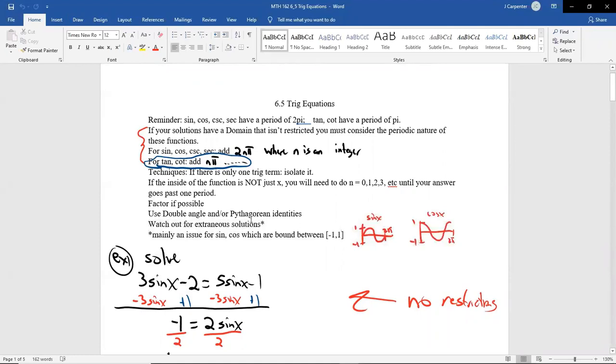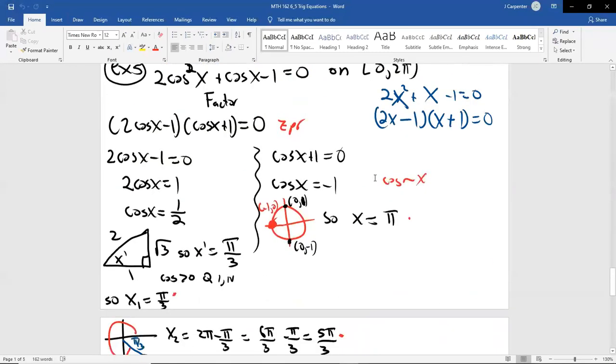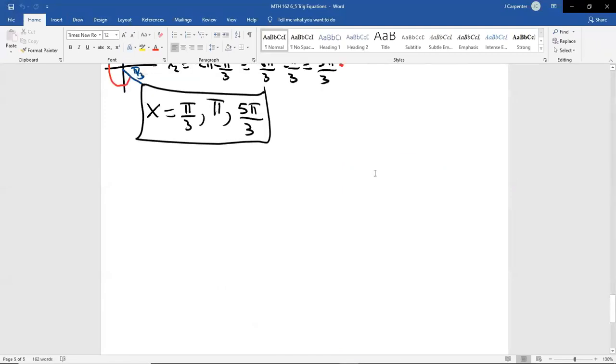We said that identities might need to be used. We've talked about how you have to consider the domain restrictions, whether you're going to add that 2 n pi or whether you don't. We've talked about when you have to go through n equals 0, 1, 2, 3, all those different subtle details. All right. So if you need any refreshers on that, I suggest that you pull up last class's or the last 2 classes' notes. We finished off at example 5.